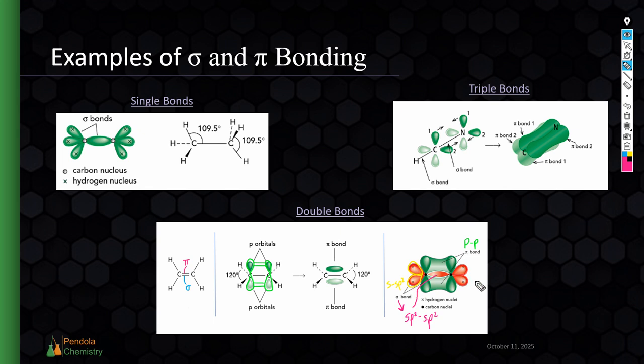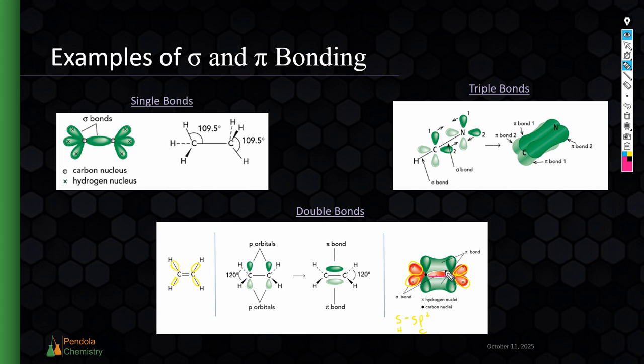So these right here in yellow, I want to go over this again. These right here in yellow, this sigma bond, this sigma bond, this sigma bond, and this sigma bond between the carbon and the hydrogen, these yellow bonds are going to be made from the overlap of the s orbital with the sp2 hybrid orbital, the s orbital from hydrogen, the sp2 hybrid orbital from carbon.